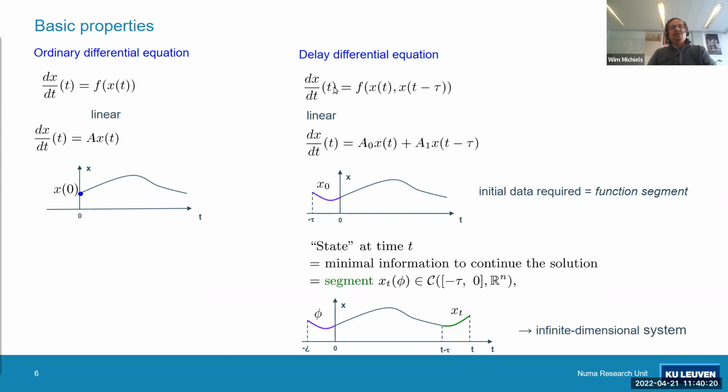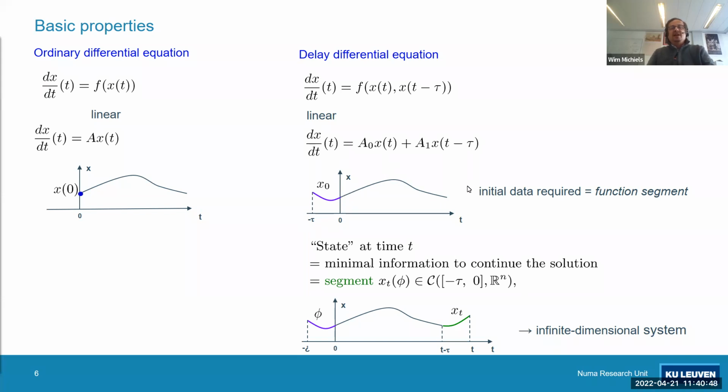At time 0, the derivative depends on x at time minus tau. So you need this point here. And then you continue a bit later, you need x at a time a bit later minus the delay tau. So in order to define a solution, you need a function segment from minus tau to 0 in this case. And then under very mild conditions, a forward solution is uniquely defined.